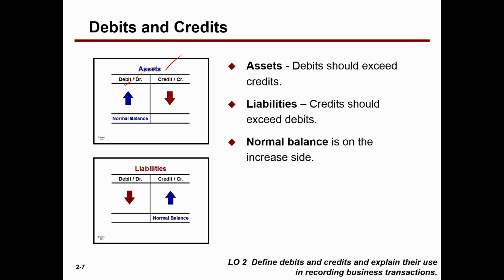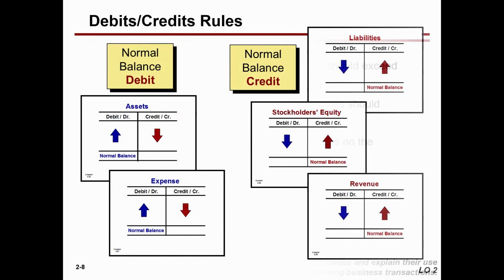Depending upon the type, here assets, debits increase and credits decrease. And just the opposite when you deal with your own liabilities. Increasing with credits and decreasing with debits. Now for the other types of accounts, here we just saw asset and liabilities. The rule for expenses is the same as the rule for assets. Think of this as costs. Costs is increased with debits. The same thing is true with the dividend account.